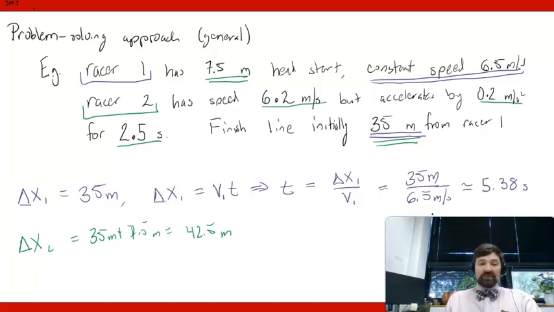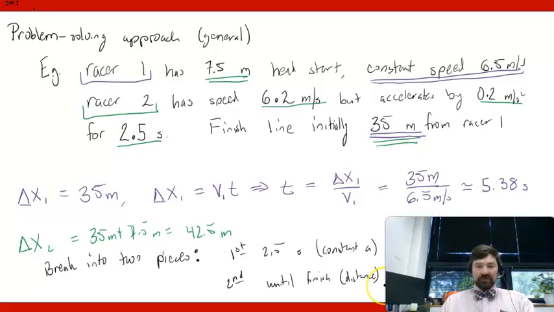What I would do here is actually break this into two pieces. Piece number 1 is 2.5 seconds. Piece number 2 is wherever he is after that much time until the finish line. And so the first part you have a constant acceleration, the second part you have constant speed.